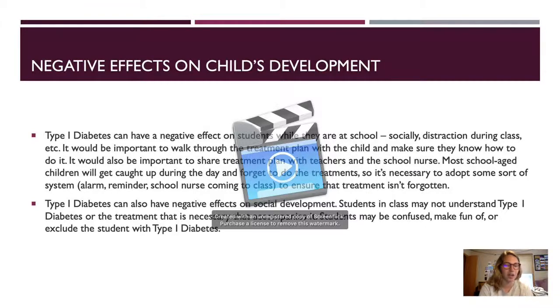Type 1 diabetes can also have negative effects on their social life and their social development. Students in their class may not understand type 1 diabetes or the treatment that accompanies it. So students can be confused, they can make fun of or exclude the student with type 1 diabetes. This is especially important in relation to the development that happens in their desire to invest in their non-familial relationships during this period of school age development.